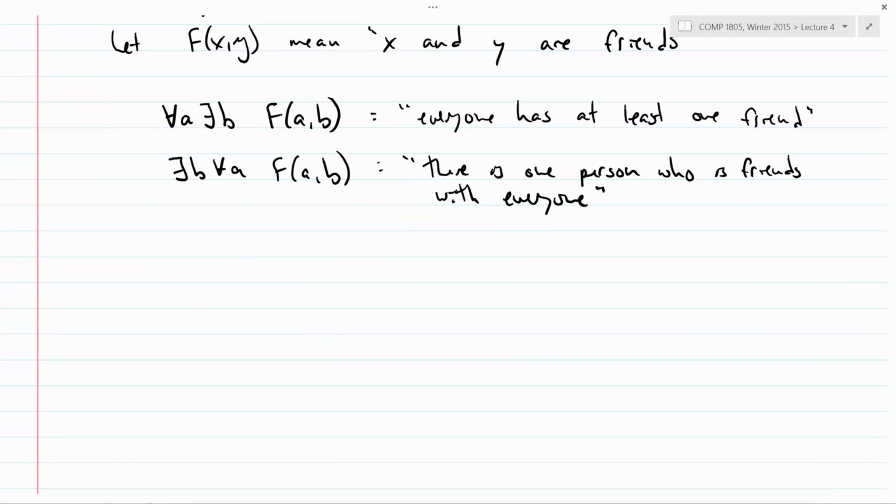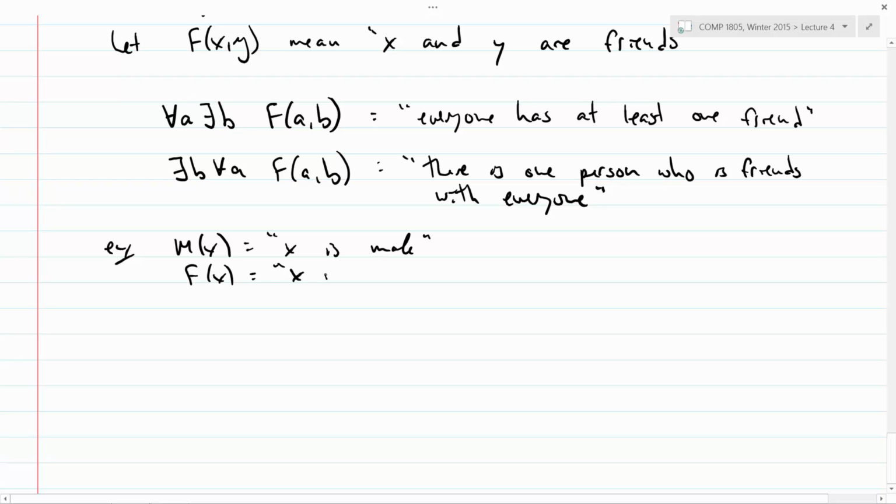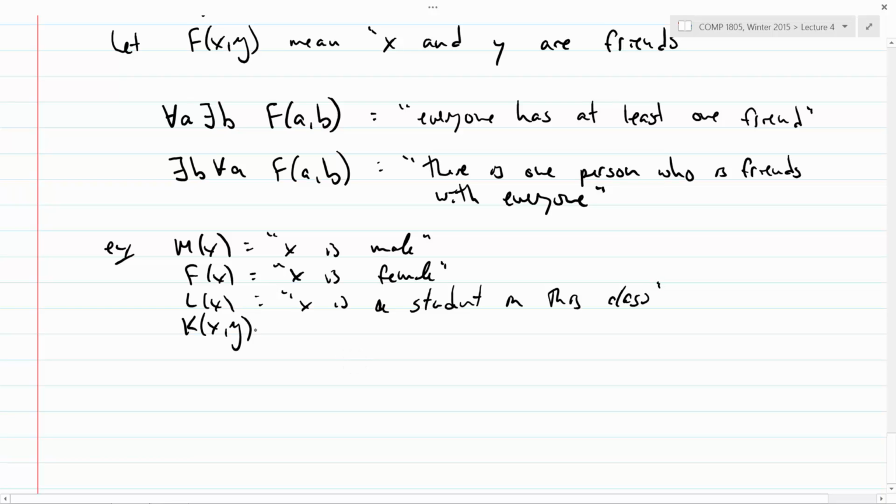Okay, let's do another example. Let M(x) denote x is male, F(x) denote x is female, L(x) denote x is a student in this class, and K(x,y) denote that x knows y.